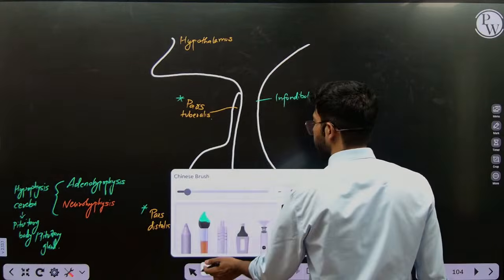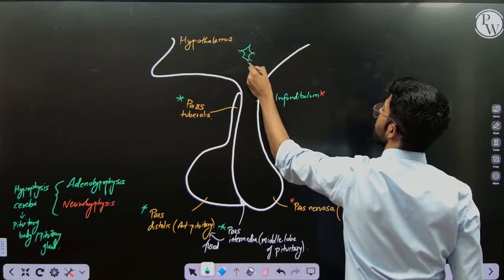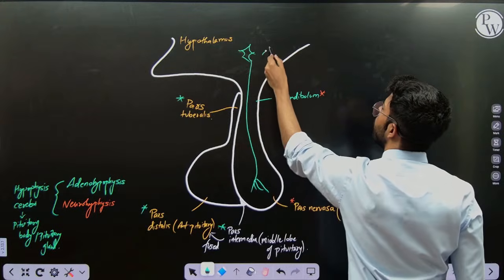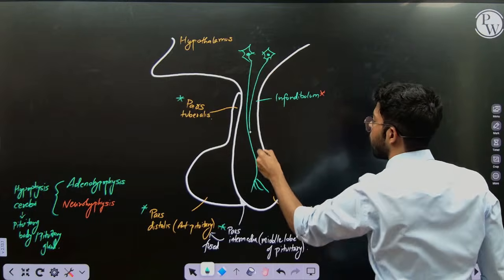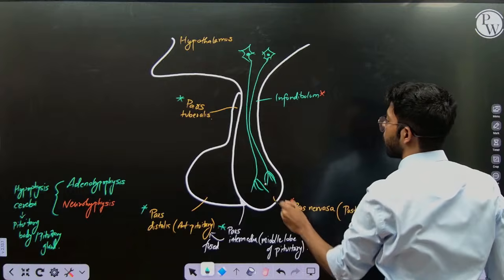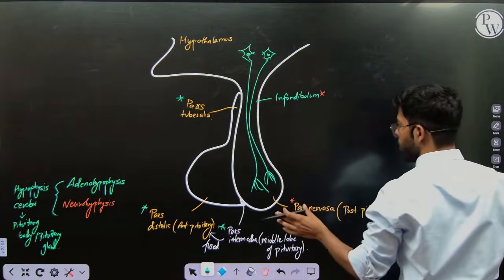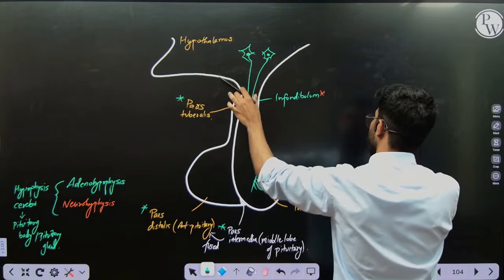Now, the hypothalamic neurons: the axon ends or terminates at the posterior pituitary region, with a long axon running across the infundibulum.